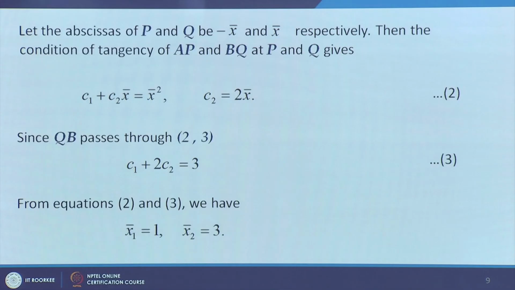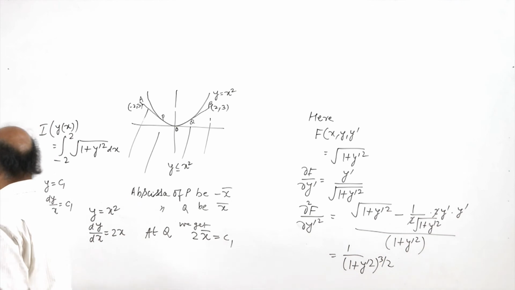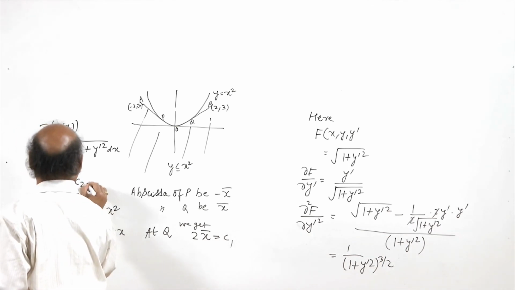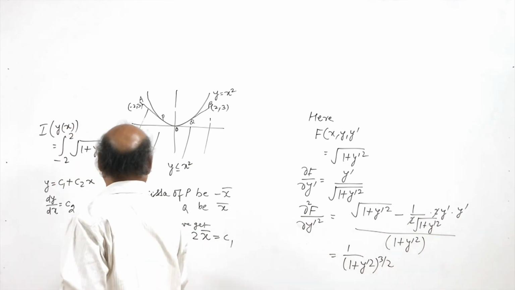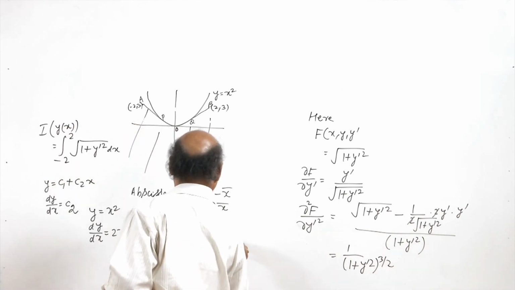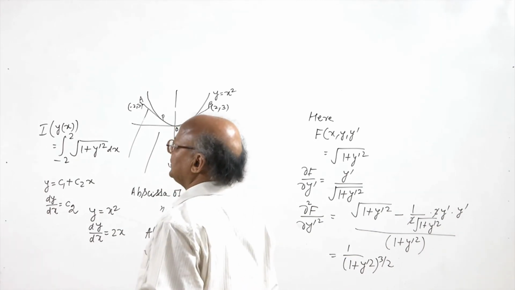I have taken here C1 plus C2x, so I will get here C2, and therefore 2x bar is equal to C2.